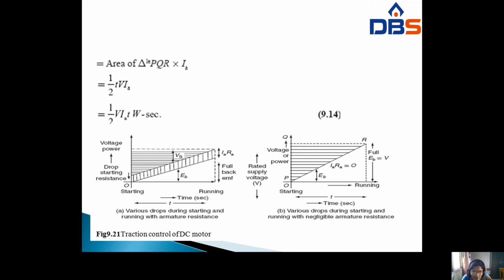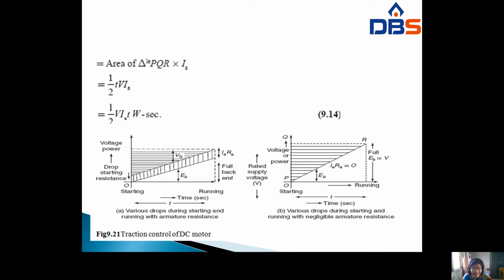So the area of triangle PQR into Ia means voltage or power, half V, taken with respect to the time T, into V and armature current Ia. That means half VIaT watt per second.